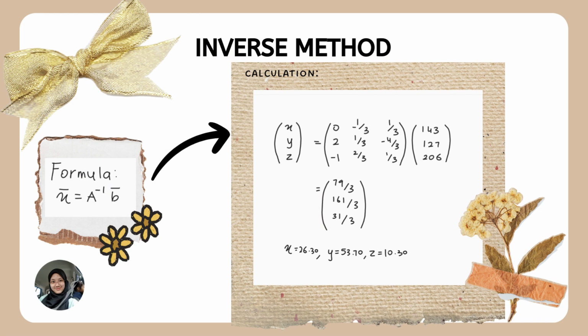To solve this equation using the inverse method, we must use A inverse that we have found earlier, that is 0, negative 1 over 3, 1 over 3, 2, 1 over 3, negative 4 over 3, negative 1, 2 over 3, and 1 over 3. Then, we use the formula to find matrix X, which is matrix X equals matrix A inverse multiplied with matrix B. The answer that we get is X equals 26.30, Y equals 53.70, and Z equals 10.30.